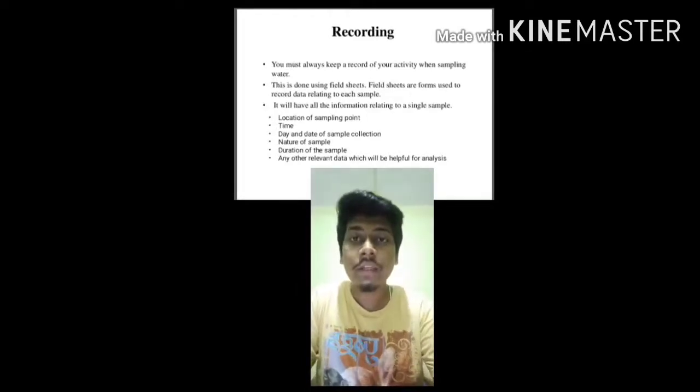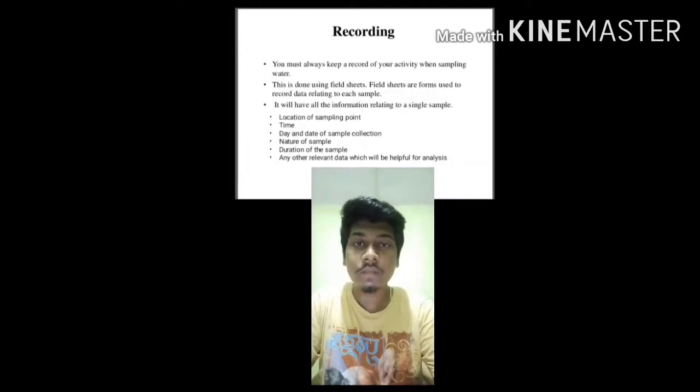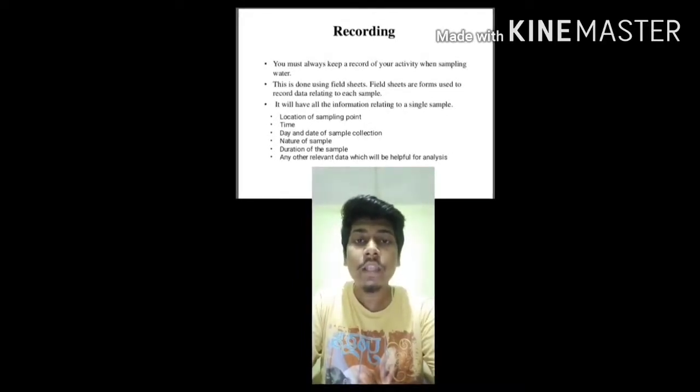Now recording. You must keep a record of your activity when a sample of water is collected. This is done by using the field sheet. The field sheets are used to record the data related to each of the samples. It will have all the information related to the single sample which is collected.